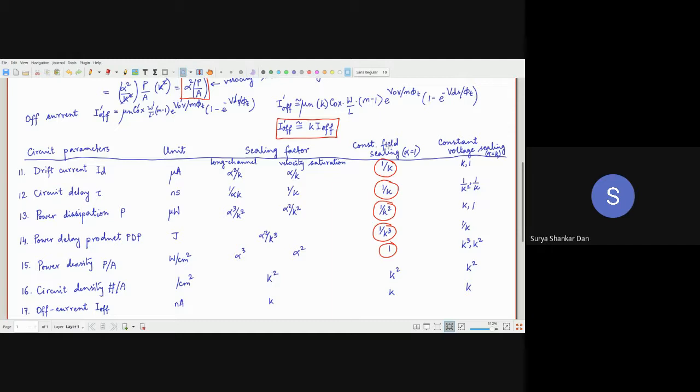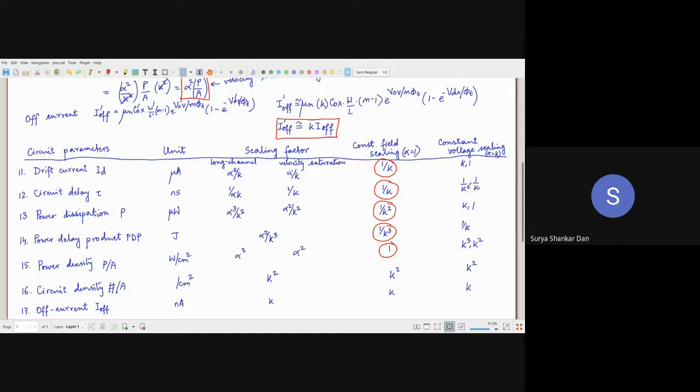If you are going for such a huge amount of scaling, then if you are doing constant field scaling, you don't have to bother whether the equations have changed or not. You just know that if you are doing constant field scaling, the equation remains the same, irrespective of whether the device has started working in the velocity saturation regime or not, or the ballistic regime or not. In fact, that is a foolproof way.